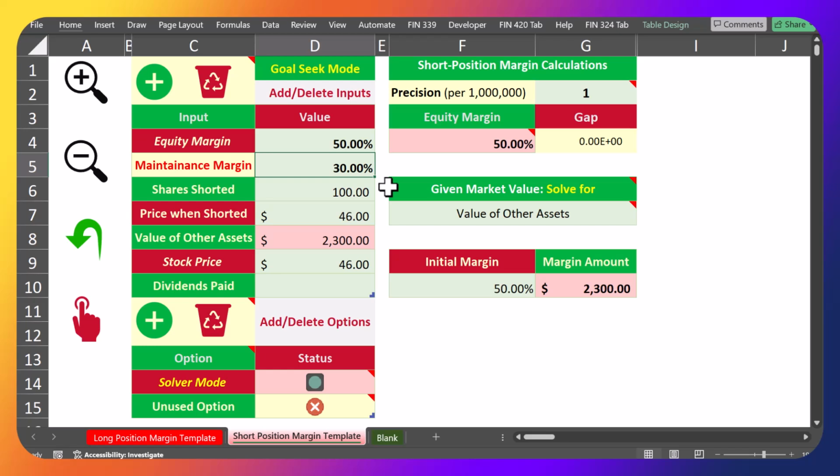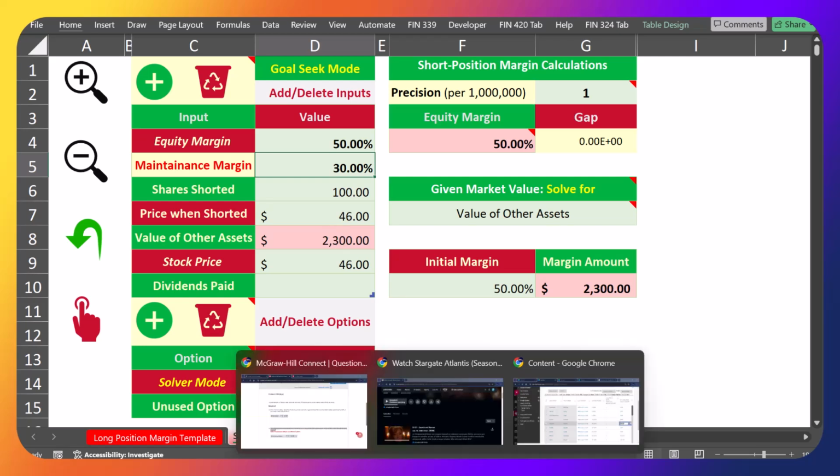It's just a different way of doing it. It's just a fancy way of doing it. Instead of me typing 2,300, I let Excel type it there for me by solving for it.